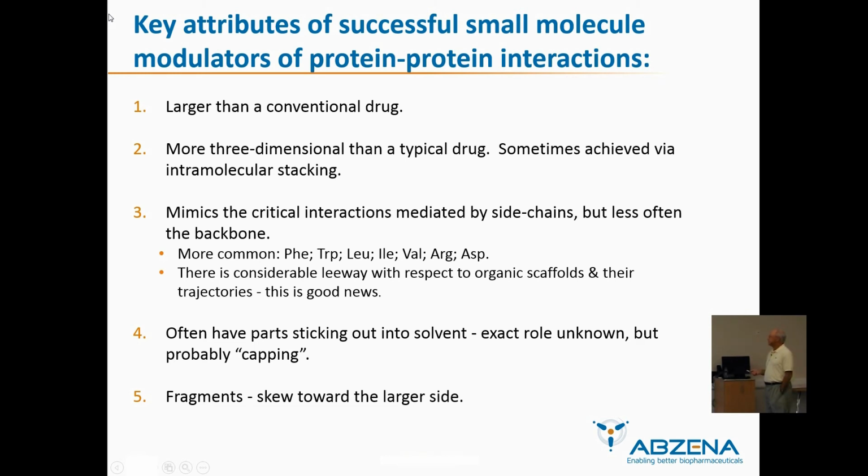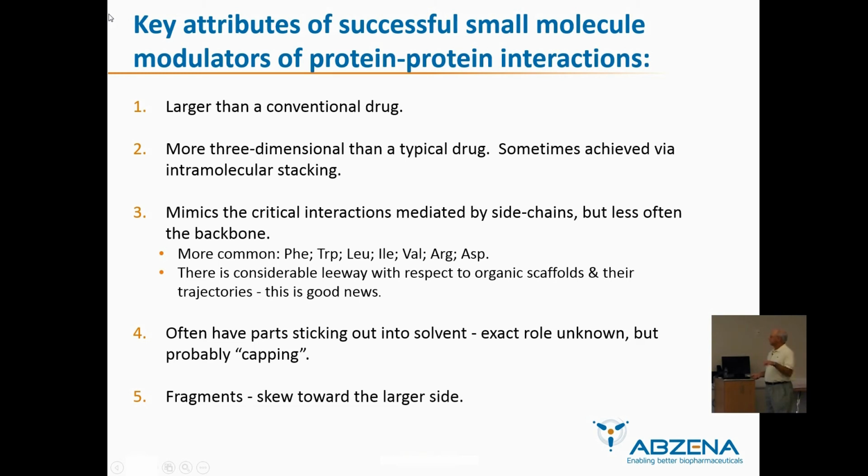So they seem to be larger than the conventional drugs, more three-dimensional than the conventional drugs, and again, this is sometimes achieved by stacking. They mimic the critical interactions mediated by the natural side chains, but with different chemotypes and with different trajectories. So that's good news in terms of prospects for finding PPI inhibitors.